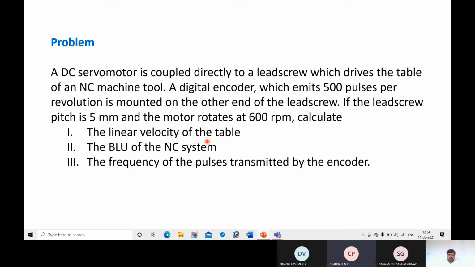Sir, 15 into 10 power 5 mm per minute. How much? 50 into 10 power 5 mm per minute. Okay, any other answer?